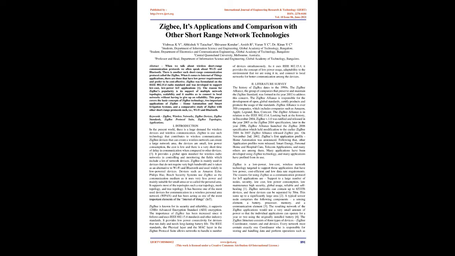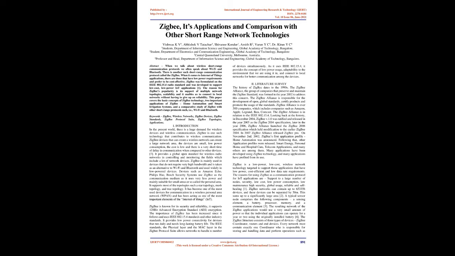Introduction. In the present world, there is a huge demand for wireless devices and wireless communication. Zigbee is one such technology that contributes to wireless communication. Zigbee devices can create a wireless network covering a large area. The devices are small, with low power consumption and low cost, and there is a very short delay in communication when compared to other devices.